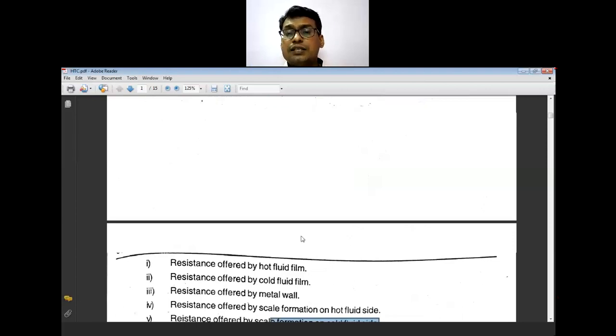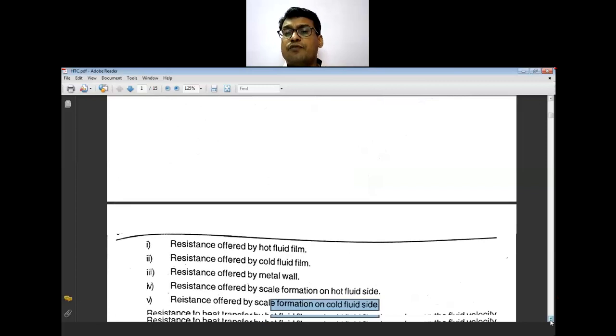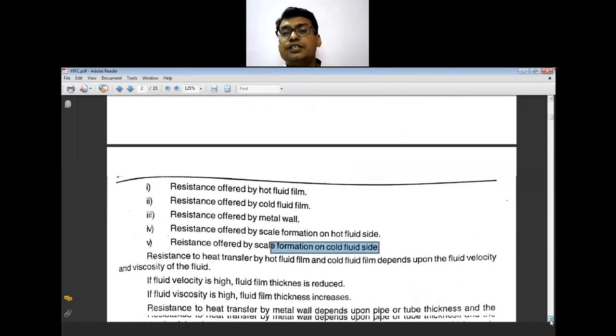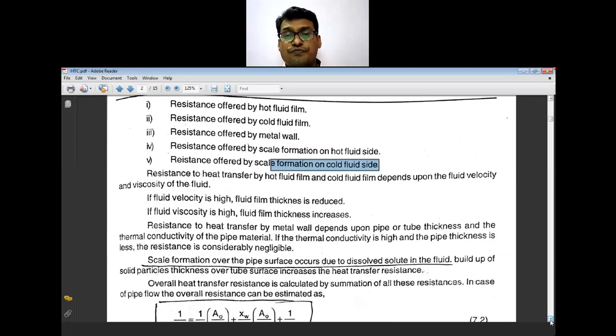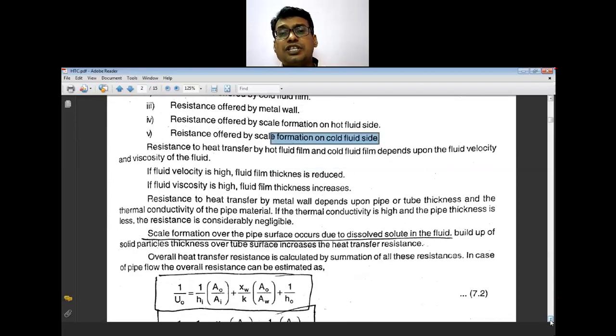So this is the resistance offered by the scale formation on the hot fluid side and on the cold fluid side. That is nothing but the dirt factor, the accumulation of salts. We will see the different reasons for the accumulation.